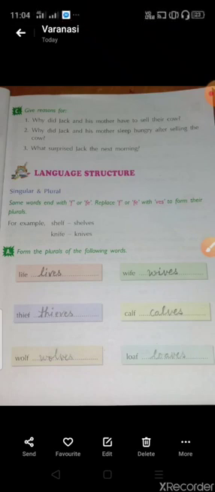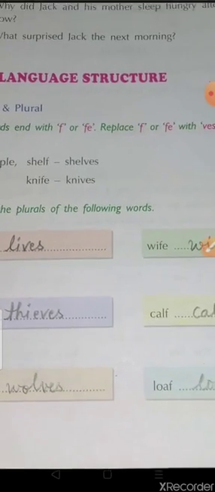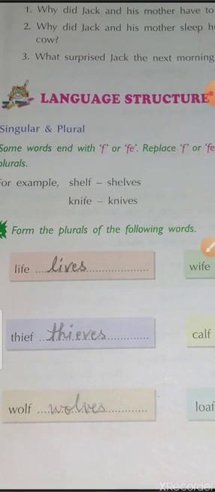So now let's start the exercise. You can see on the screen clearly: life. In the plural, we are going to write lives.